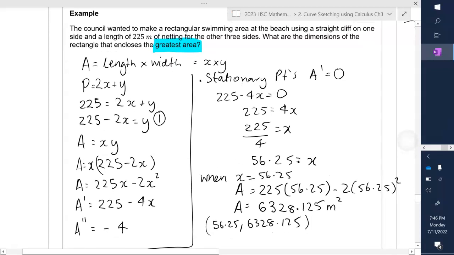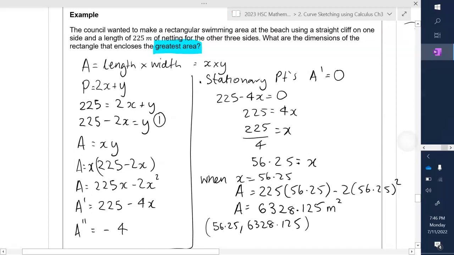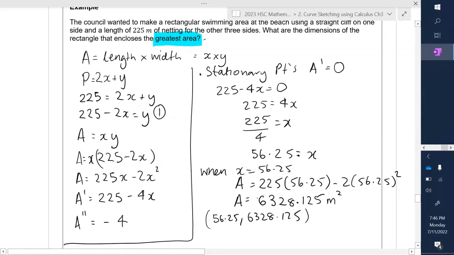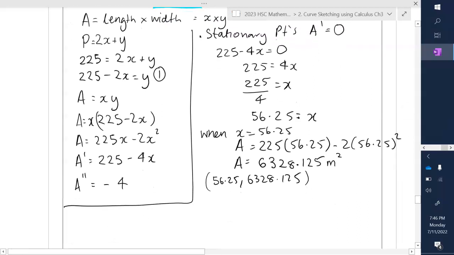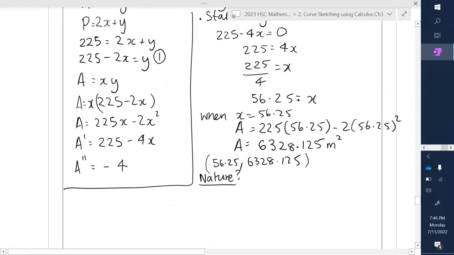Okay, so let's just decide if that is going to give us the greatest area. So the greatest area would mean that we would want to have the maximum stationary point happening at that point. So let's see what the nature of our stationary point is. So the nature, what we're going to do is figure out what happens to the second derivative at that point.